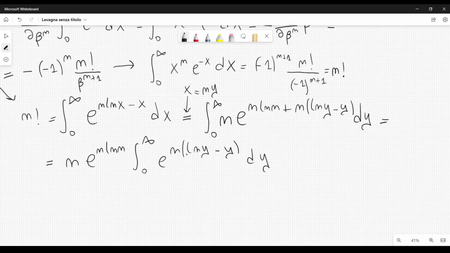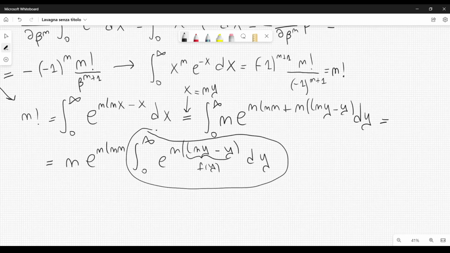Now you can see that we have a function f of y in the argument of the exponential, and this is the point at which we are going to make an approximation. The approximation is that this integral here can be rewritten by considering a Taylor series of this function.